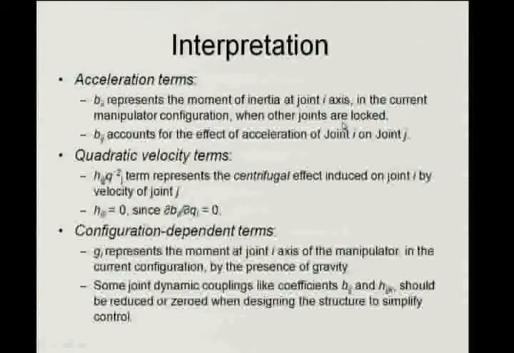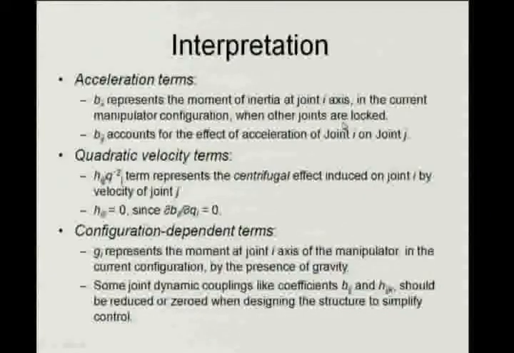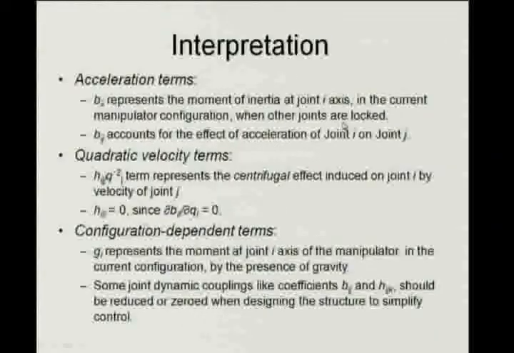If I have multiple joints extending out, and I lock the inner joint, then that is fixed to the base. So it is almost like I have locked this and I am trying to find the moment of inertia of all this about this joint. So each B_ii represents that. And obviously as you change the configuration, the moment of inertia will change.